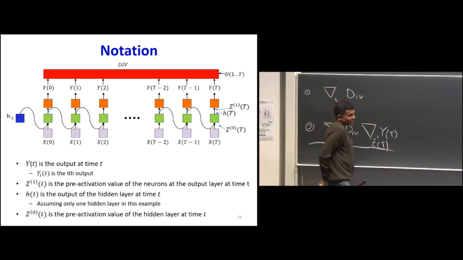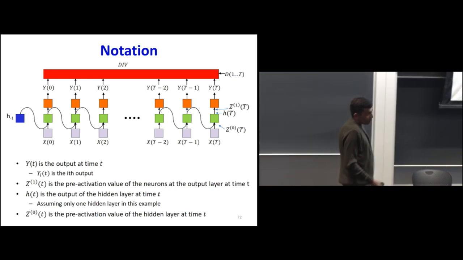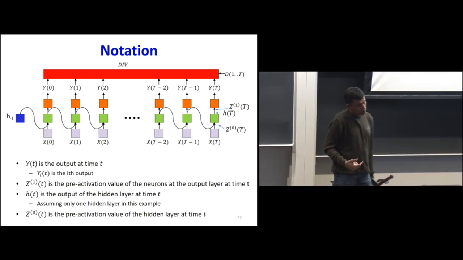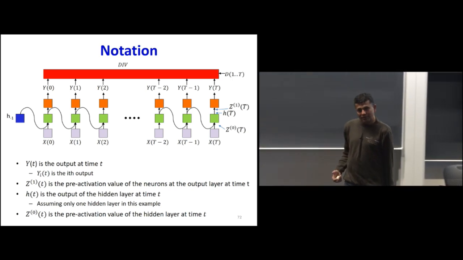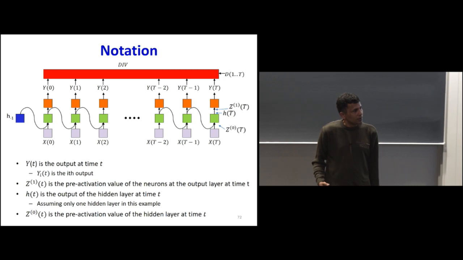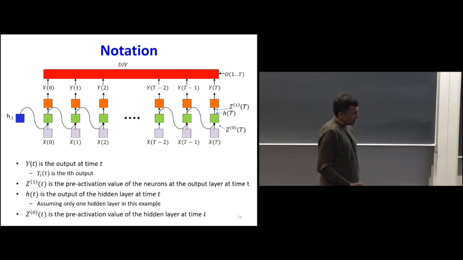This is the derivative with respect to z, right? So what is the next derivative you would compute going backwards? Wasn't this the formula we're trying to derive for the derivative of the divergence with respect to yt?